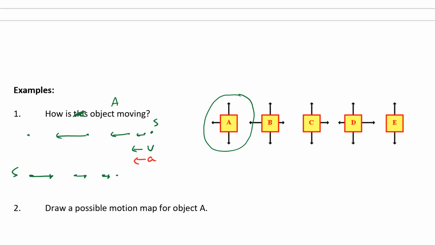In this one, the velocity was to the right, but it was accelerating to the left. So it could be moving left and speeding up, or it could have been moving right and slowing down. And in fact, for all of these, how are any of them moving? I guess the answer is we don't know.